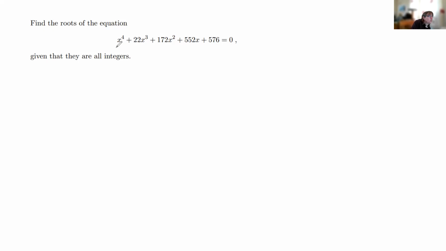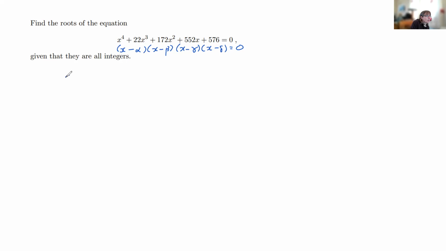That means we could write this as something like this, if the roots were alpha, beta, gamma, delta. Noting that we've just got 1 x to the power 4, so this would give you x to the power 4.